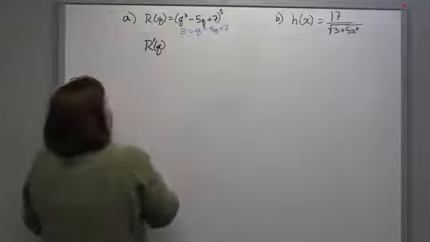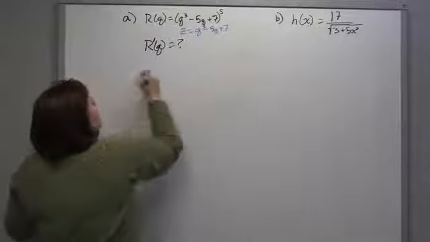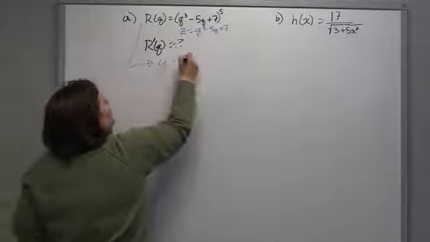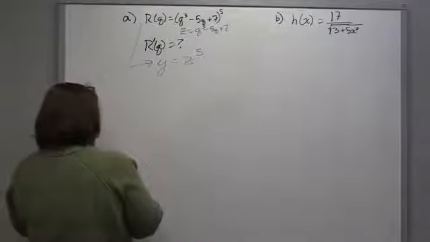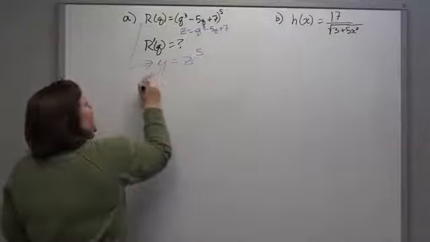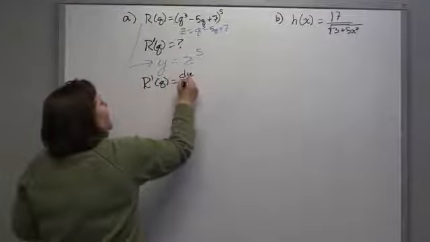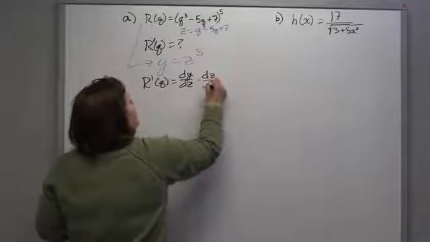So let me rewrite this, that we're going to think of this as y equals z to the 5th. And we're going to use the chain rule. R prime of q is going to be dy dz times dz dt.